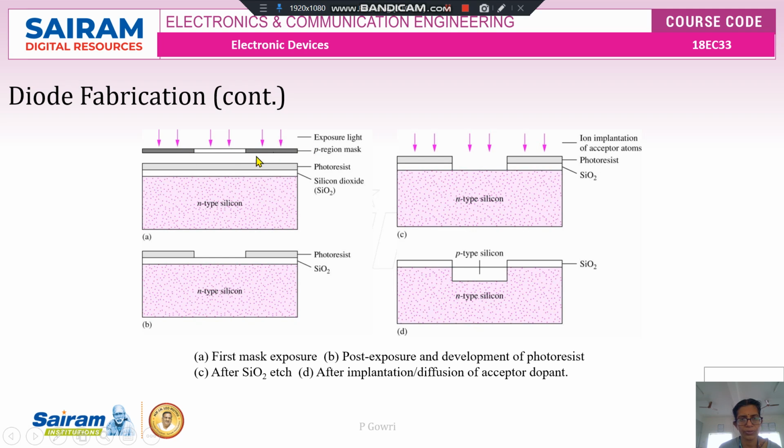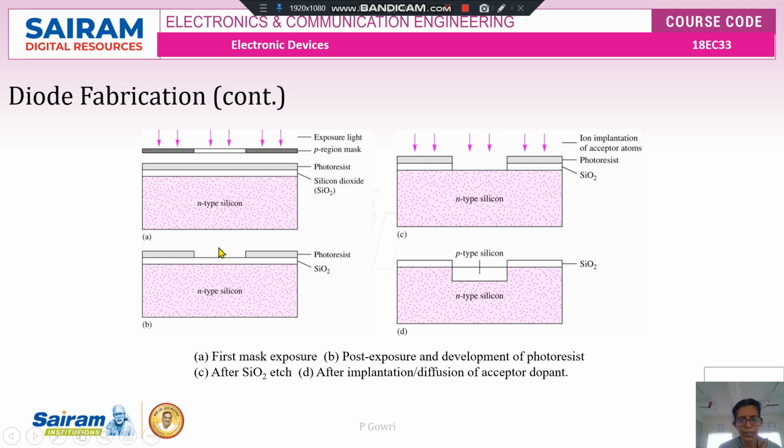The P region mask is for an n-type silicon where I want to diffuse my P region. The remaining part is closed, and only the region I want open will be exposed to the light rays. Because of that, the exposed region will get softened and the remaining photoresist will become hardened. We can see that in this diagram.